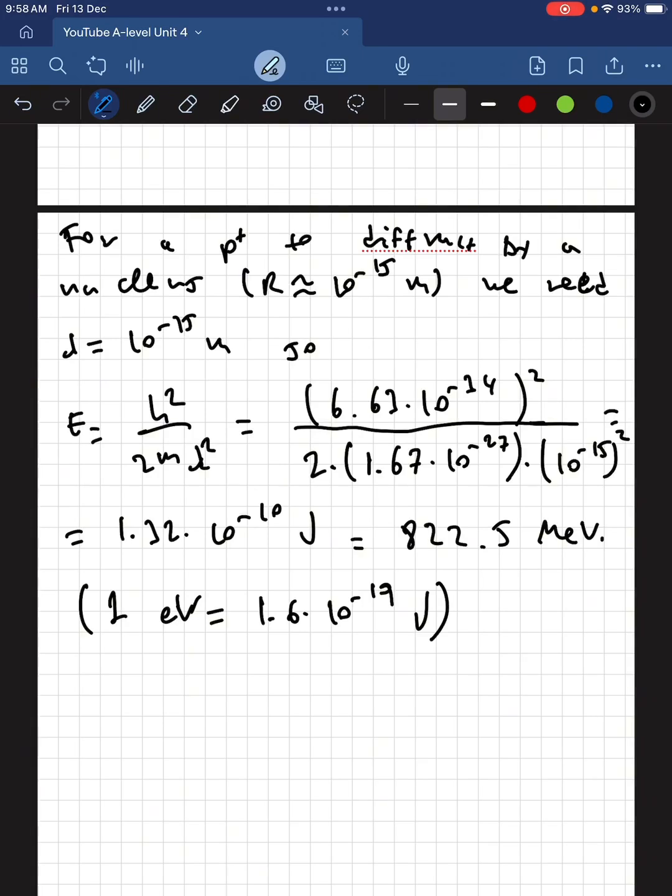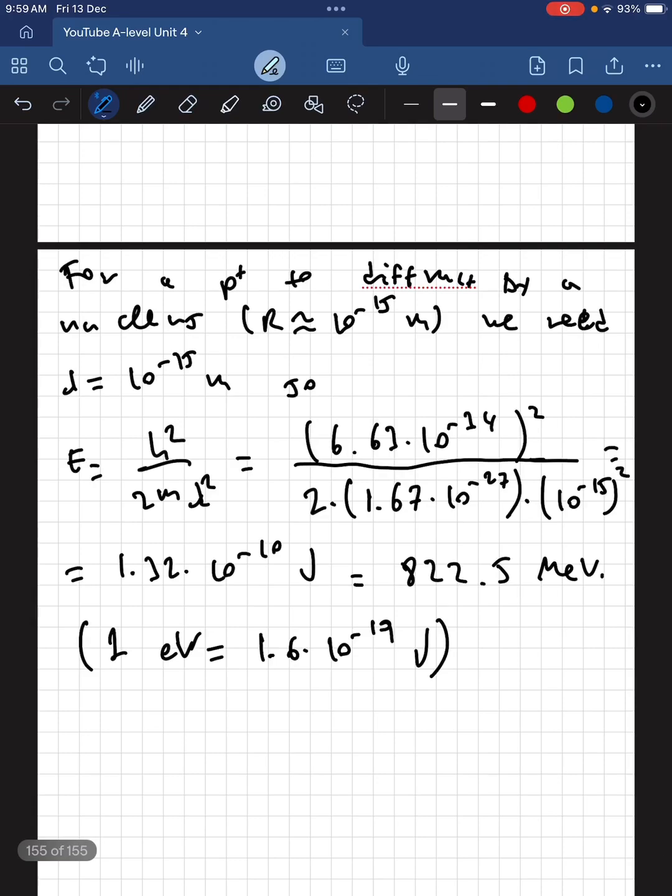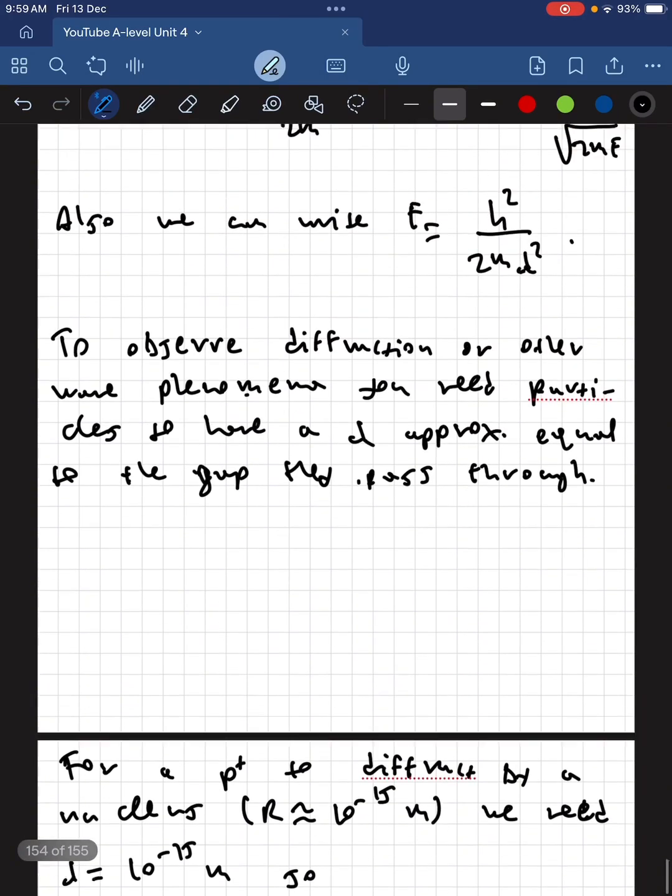Okay, so 822 MeVs then is the energy acquired by one proton when it passes through a voltage of 800 megavolts. That's a lot of voltage, okay? So keep that in mind. So we need really powerful machines to set this up, and really high energies so that particles will have a small wavelength.